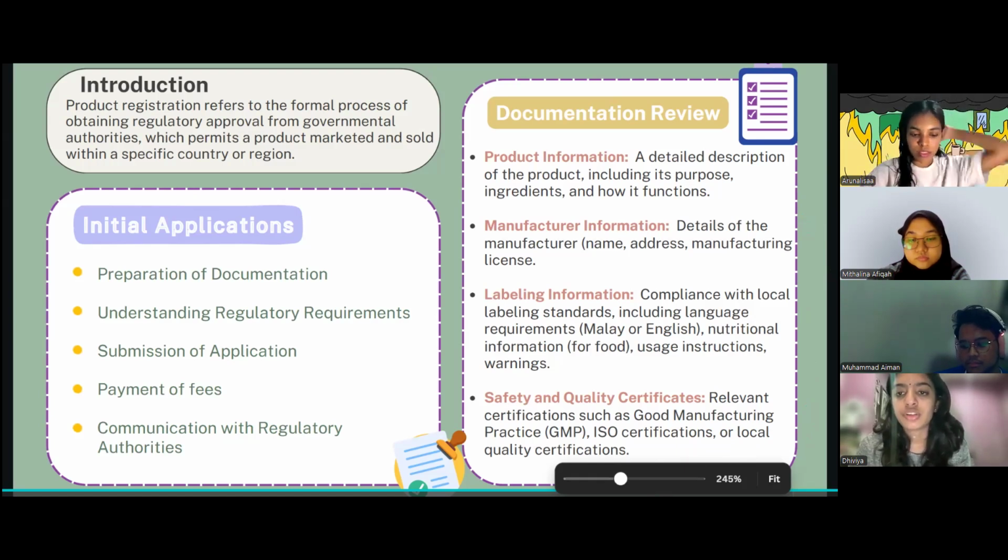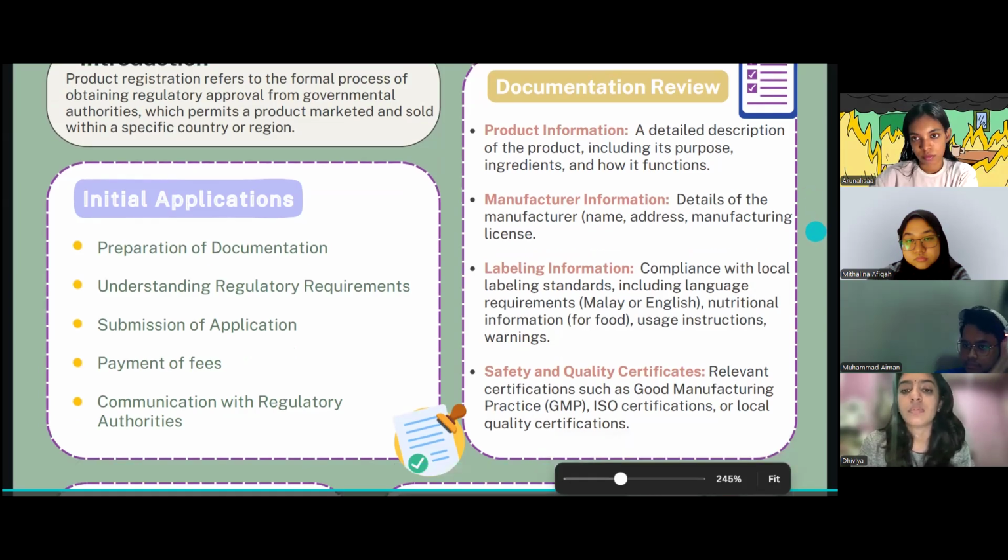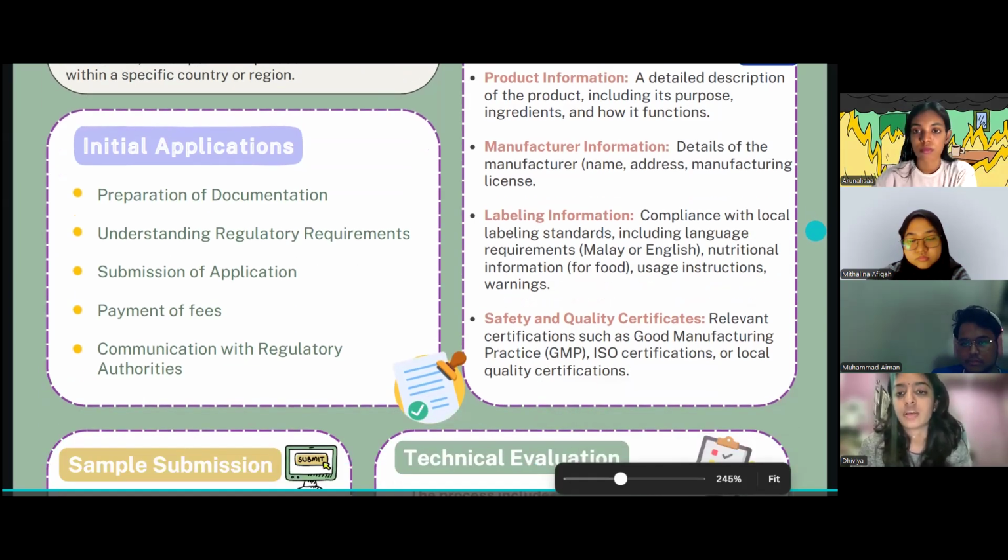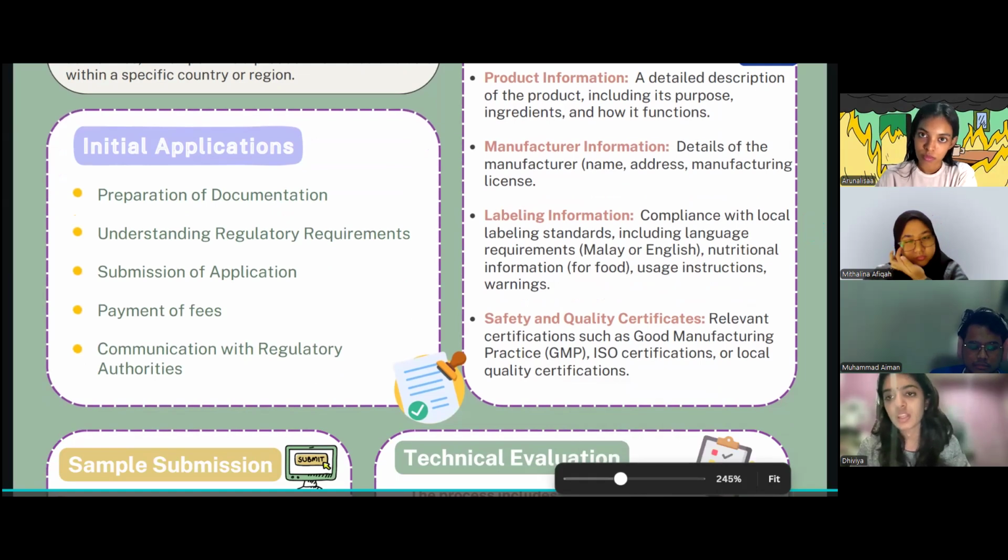Secondly will be manufacturer information that has the details of the manufacturer, including name, address, and manufacturing license. Thirdly will be labeling information, which has compliance with local labeling standards, including language requirements such as Malay or English, and nutritional information for food.